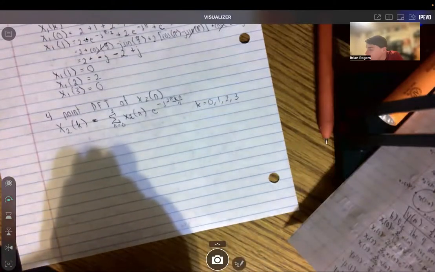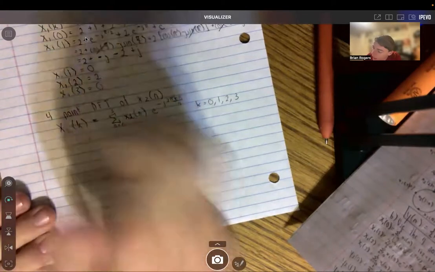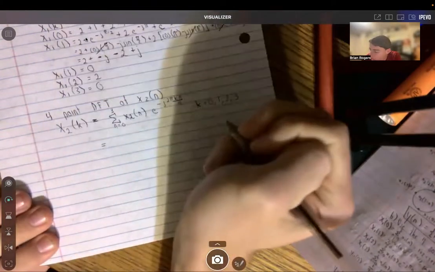Now that we got that, it's the same exact process here. We're going to find our n terms first, and plug in our k's afterwards.